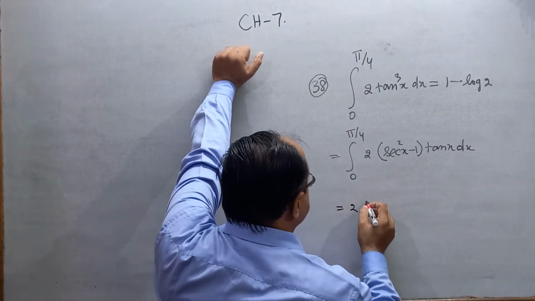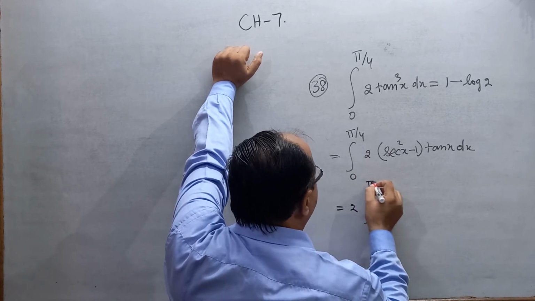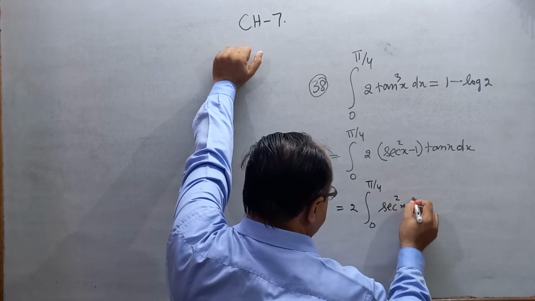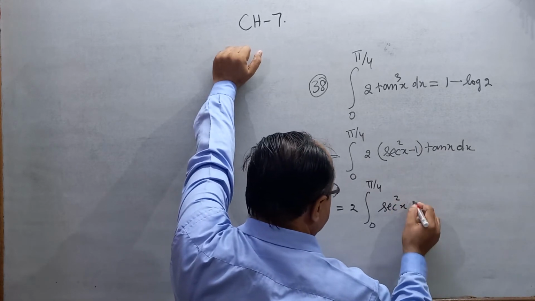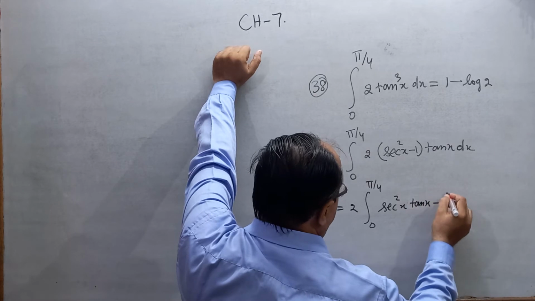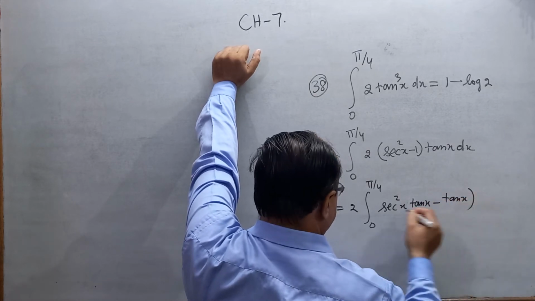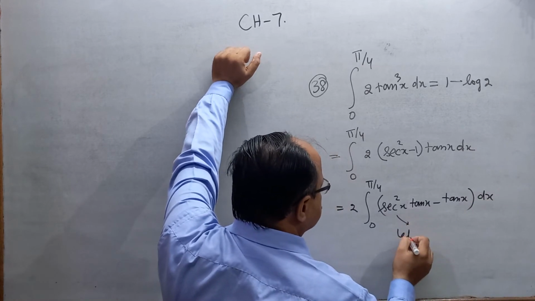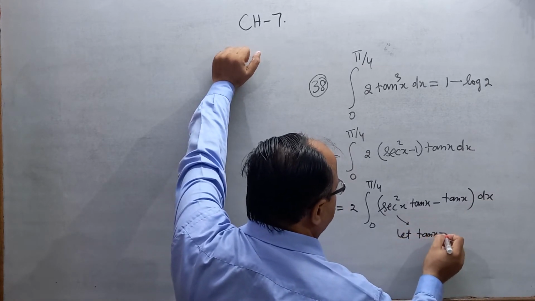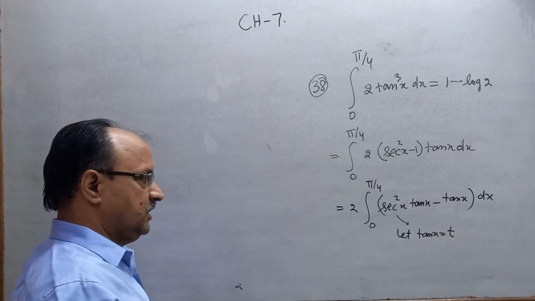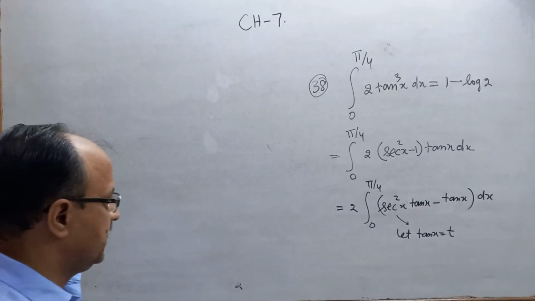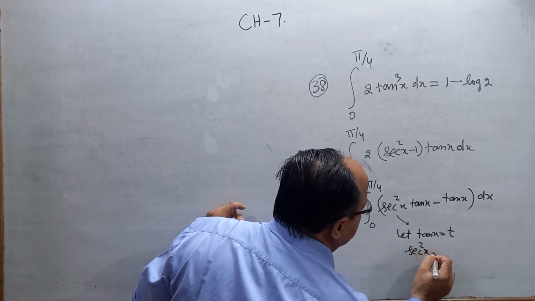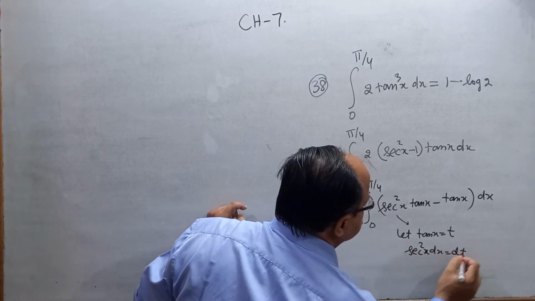Therefore, integral from 0 to pi by 4 of sec square x into tan x minus tan x dx. In this question, let tan x be equal to t, and the derivative of tan x is sec square x, so sec square x dx is equal to dt.